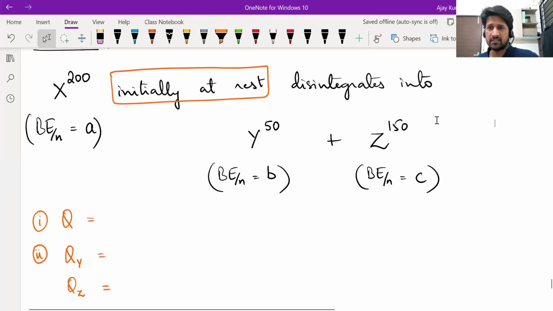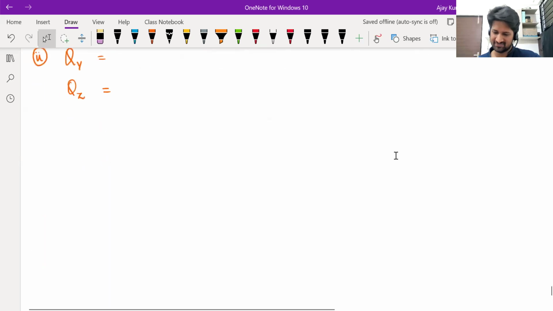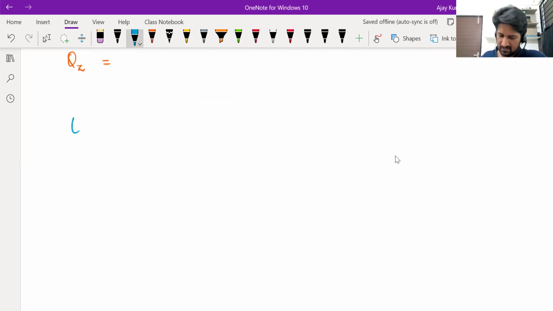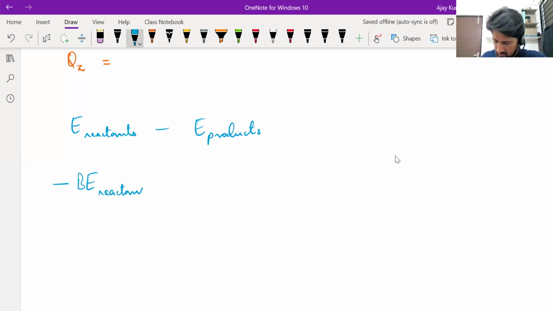Any answers? How much is the energy released in this reaction? The energy released in a reaction generally is the energy of reactants minus energy of products. Now, energy of the reactants in a nuclear reaction is the negative of the binding energy of the reactant.